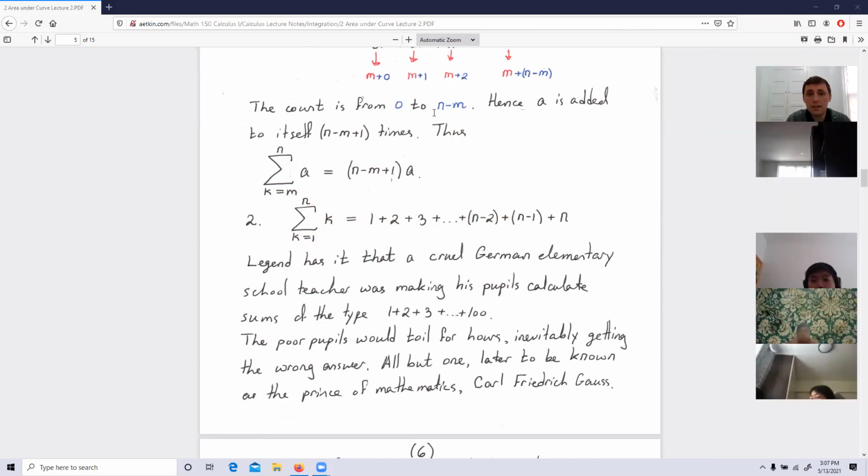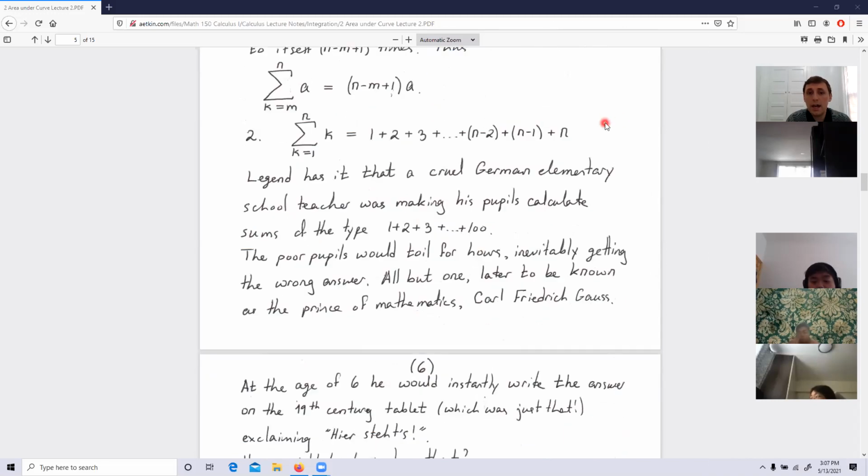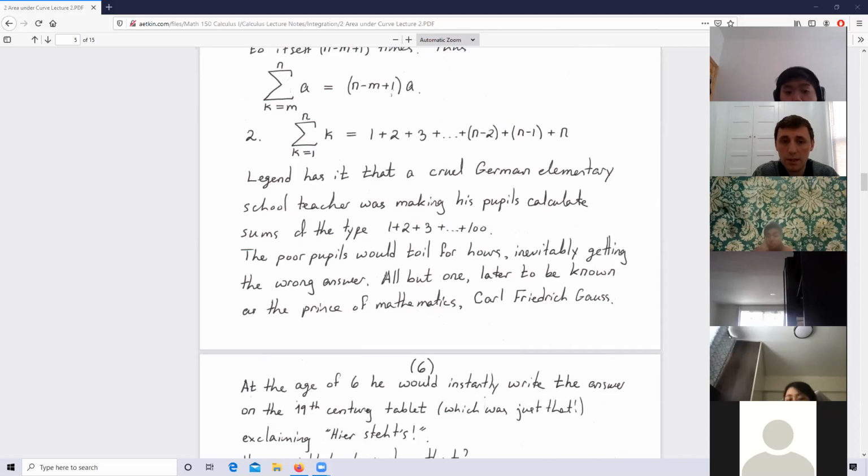There is a legend that in the later part of the 18th century, there was a very cruel German math teacher. Usually when I talk to some Germans, they all had a cruel math teacher. And this math teacher tortured his pupils by making them add numbers 1 through 100, for instance.